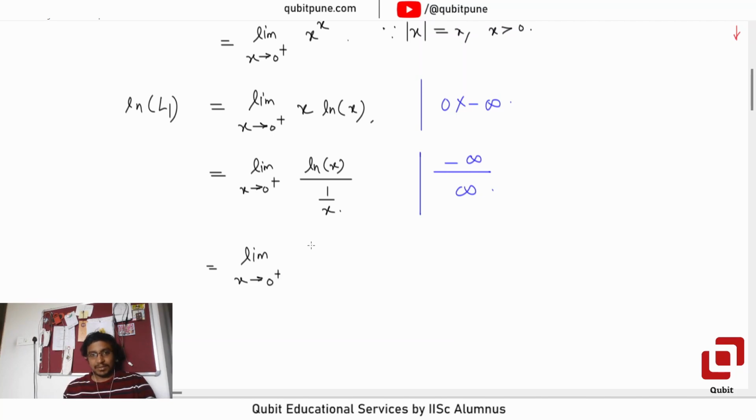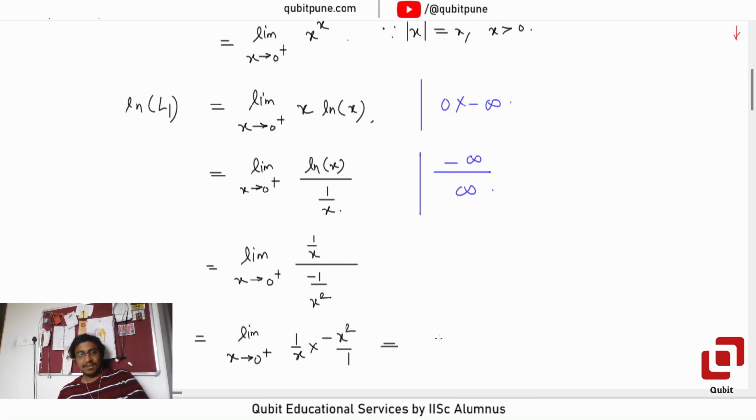The derivative of ln x is 1 upon x, and the derivative of 1 upon x is negative 1 upon x squared, and this is now not in any indeterminate form. It's just negative x, so the log of the limit is 0, so the limit must be 1.